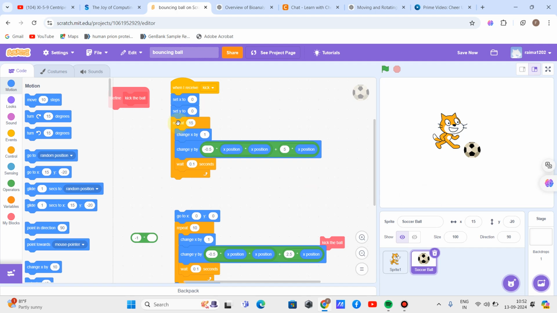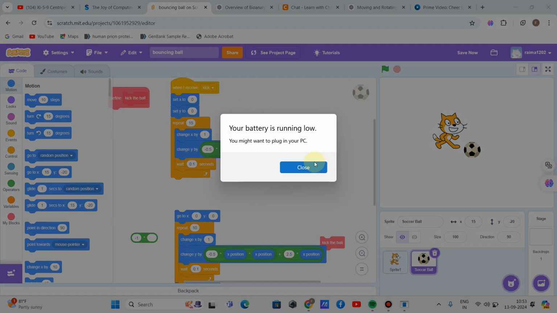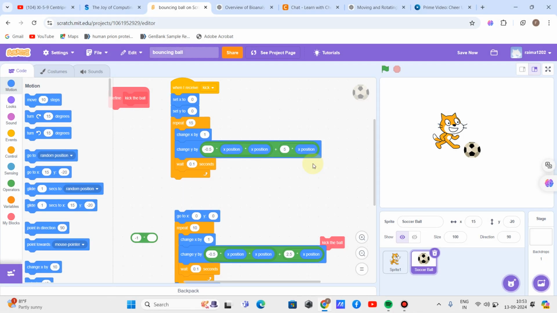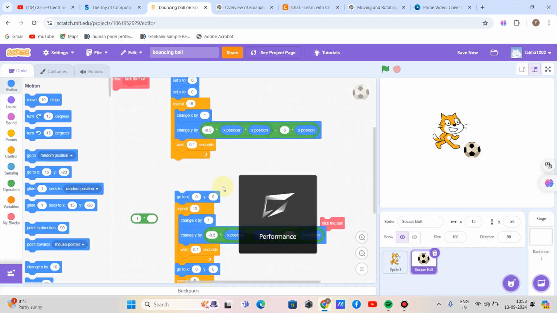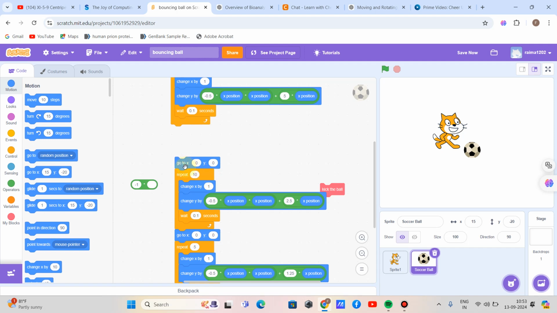So I had to put a repeat loop to complete one projectile motion. Then, in order to make this ball bounce once again with a lower height, I again made the ball move to x and y at the starting point where it stood.